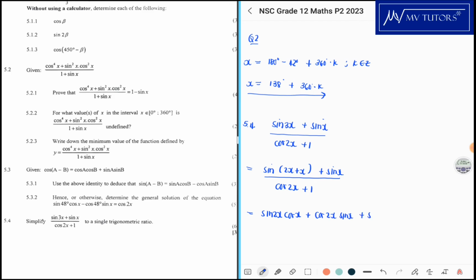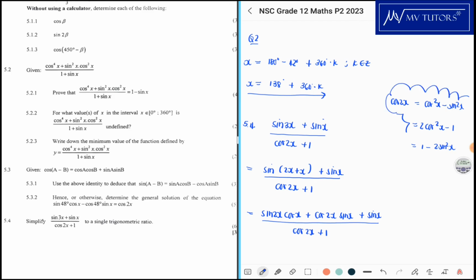And I have this sine x as well, and this cos 2x. Let's leave it for now. But in the back of my mind, I should remind myself, what is cos 2x again? It's equal to cos squared x minus sine squared x. This is all available in the formula sheet. Or I could have 2 cos squared x minus 1. Or I could have 1 minus 2 sine squared x. Those are my 3 options that I remind myself as I'm doing this sum.